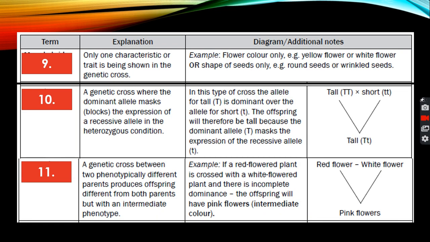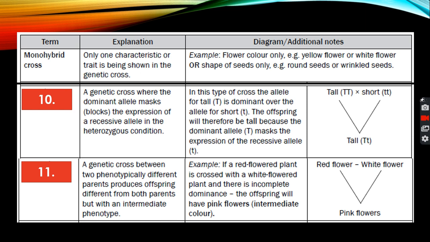Let's look into monohybrid cross. Mono means one, di means two, tri means three, etc. So a monohybrid cross is a cross that has to do with one characteristic. Only one characteristic or trait is being shown in the genetic cross. For example, flower color, yellow and white.